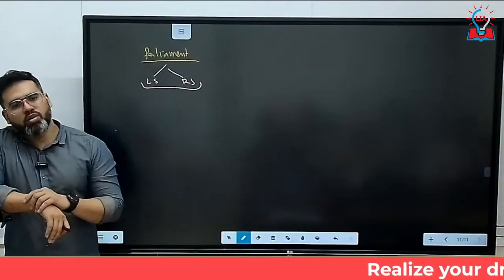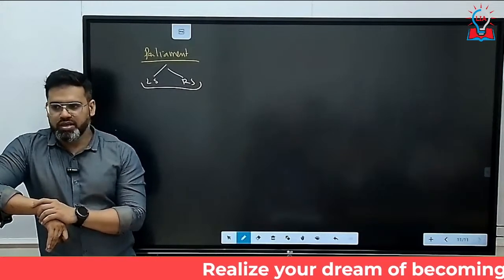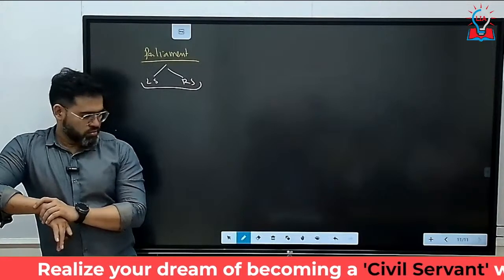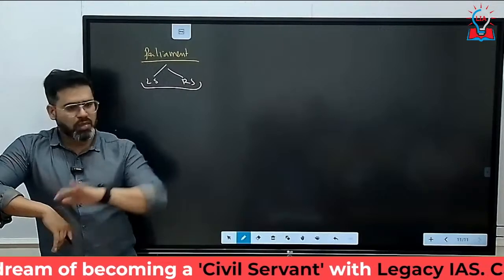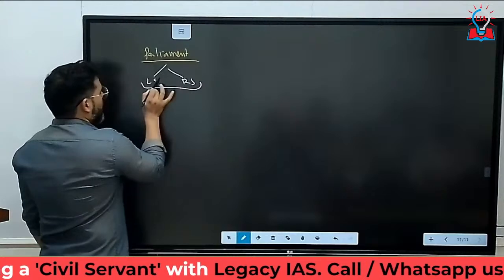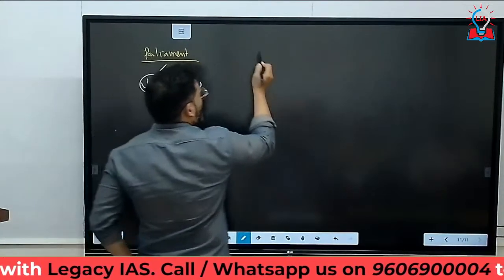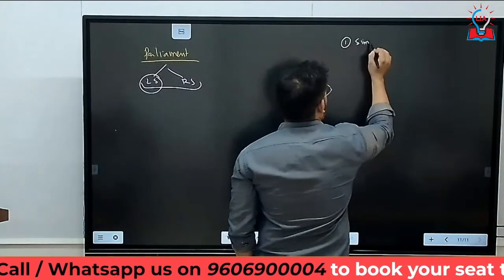And both Lok Sabha and Rajya Sabha, they need to clear the draft separately, not together. Lok Sabha will sit separately and Rajya Sabha sit separately. अब यहाँ पे क्या है, like Lok Sabha, there are two types of majorities there. One is called as simple majority.